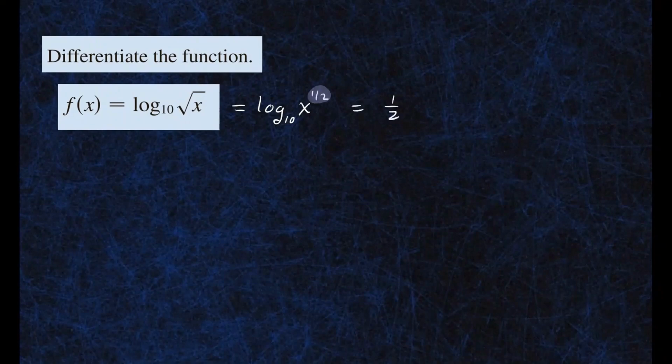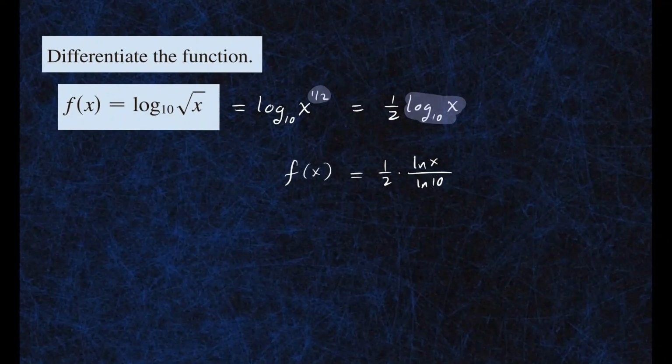So this is 1/2 times log base 10 of x. And now I'm going to use the change of base formula to change this to natural log. This would be 1/2 times ln of x over ln of 10. So that is our function f of x.